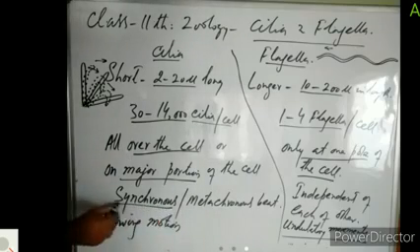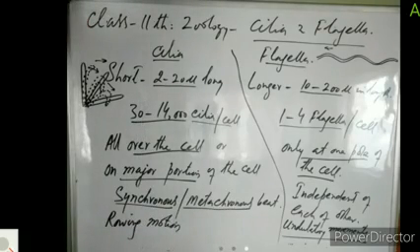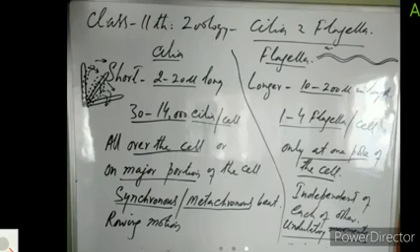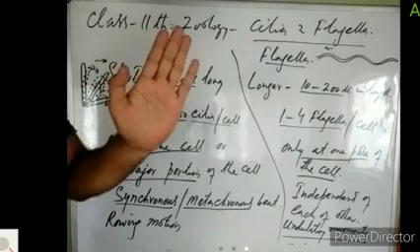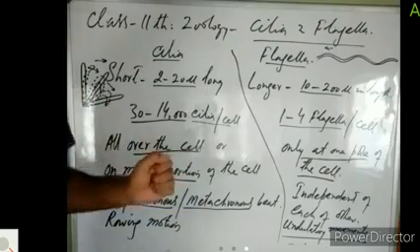Cilia show synchronous beats or metachronous beats. When all the cilia of a row beat together as a unit, that movement is known as a synchronous beat. What is a metachronous beat?